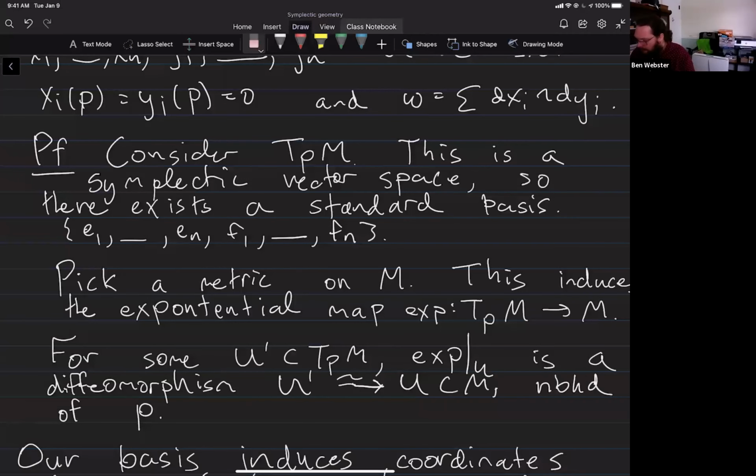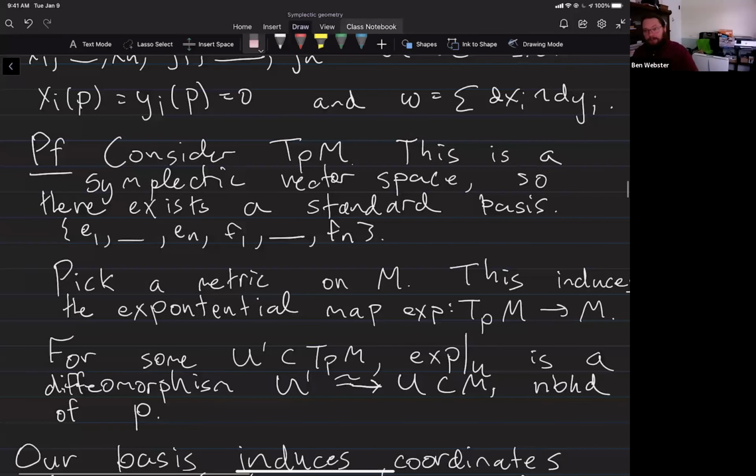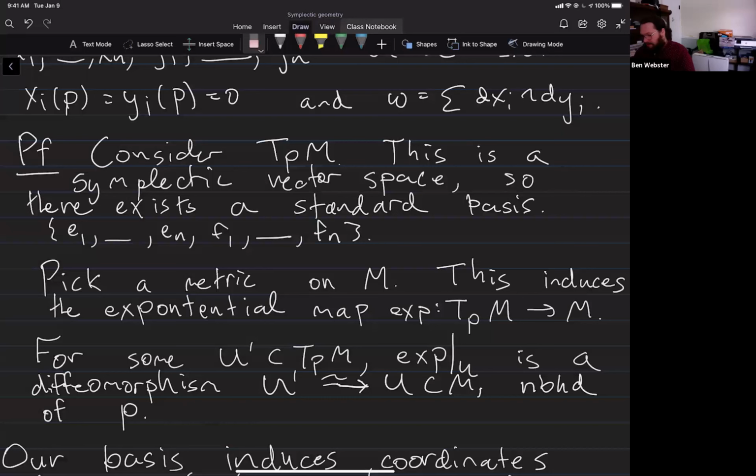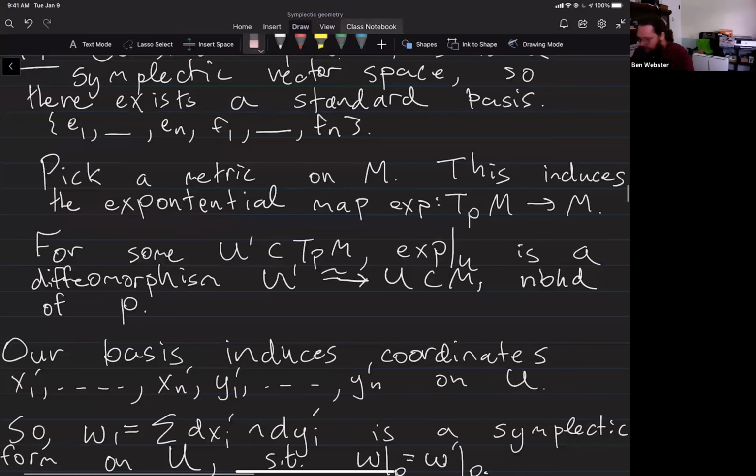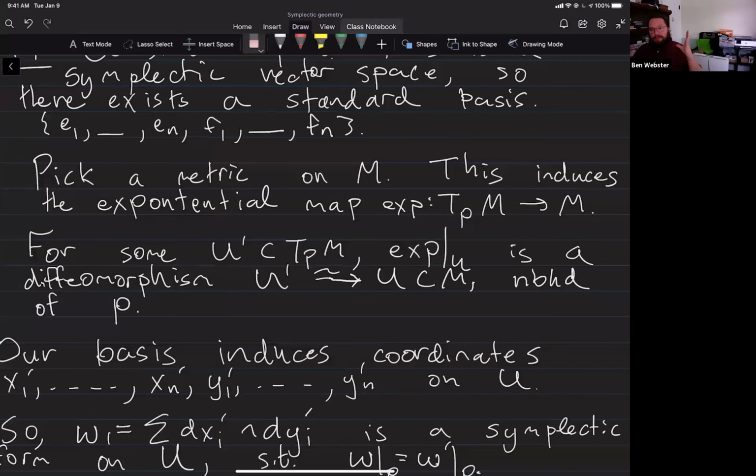Okay, so now I want to compare the manifold with the tangent space. The usual trick for doing this is you pick a metric on your manifold. You can always do this by the usual partition of unity story. And so that induces an exponential map from the tangent space to the manifold.